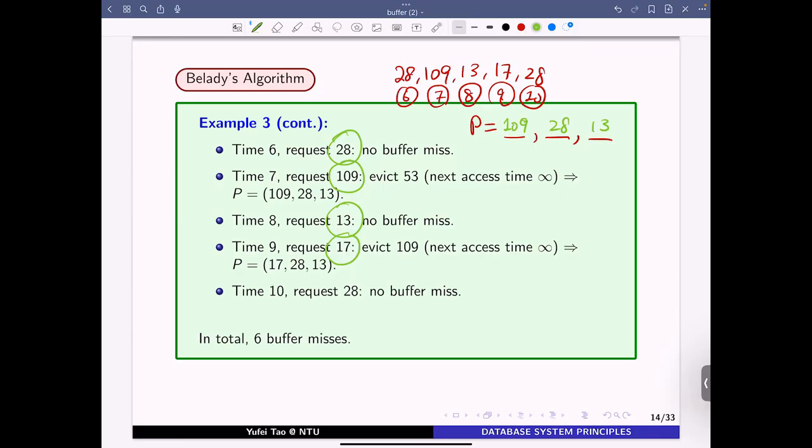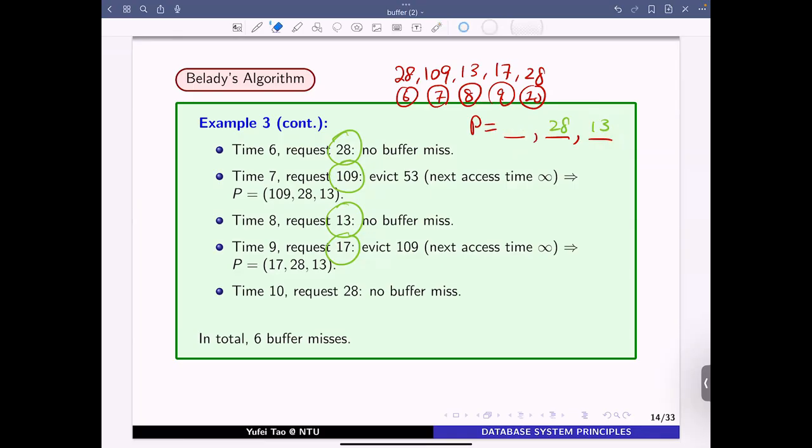We have to kick out somebody. Here you can see 109 is obviously a candidate to be removed because 109 will never get accessed again. Actually, you could also remove 13, because the next access time for 109 is infinity as indicated here, but so is the next access time of 13. It doesn't really matter which one you kick out; both are correct.